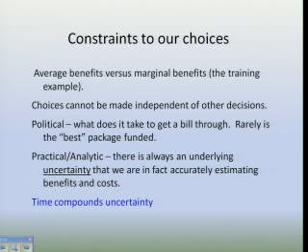Politically, we have to pay attention. What does it take to get a bill through? And rarely is the best package funded, best as in the technically, economically most efficient package. And then we have practical analytical limits. There is always underlying uncertainty about whether we are accurately estimating benefits and costs properly. Time compounds that uncertainty.